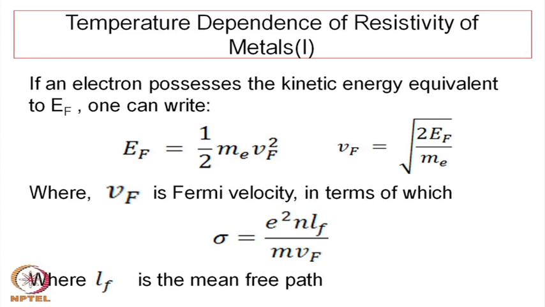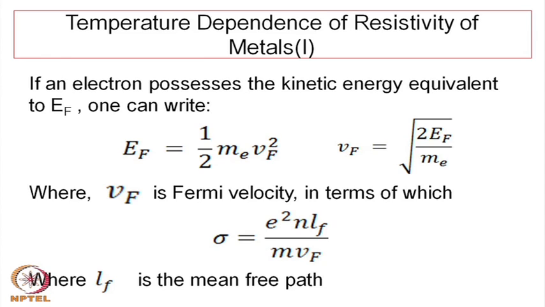With this one can find out what the temperature dependence will be. If an electron possesses kinetic energy equivalent to EF, one can write EF equal to half m_e v squared. In fact, it introduces a velocity in terms of the kinetic energy, the Fermi energy, and that velocity has been termed Vf, the Fermi velocity.